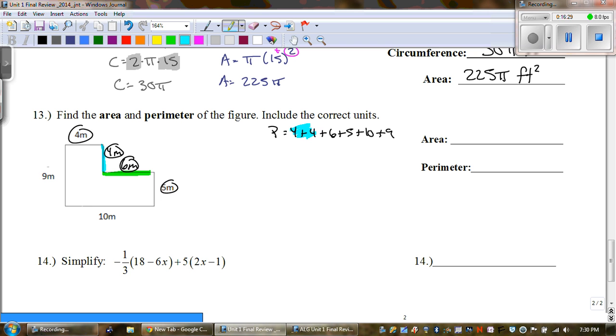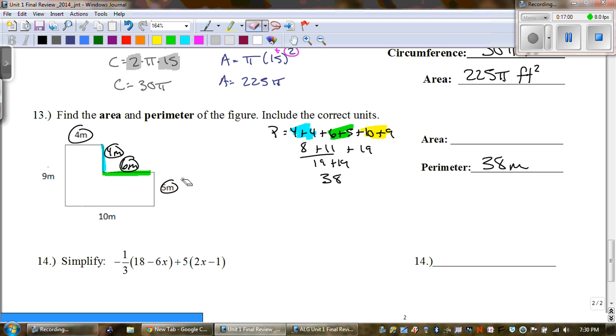So I'm going to break it up to these 3 portions real quick. 4 plus 4 is 8, 6 plus 5 is 11, and 10 plus 9 is 19. Okay? 8 plus 11 is 19, and 19 plus 19 is 38. So our perimeter is 38, and it's going to be 38 meters.